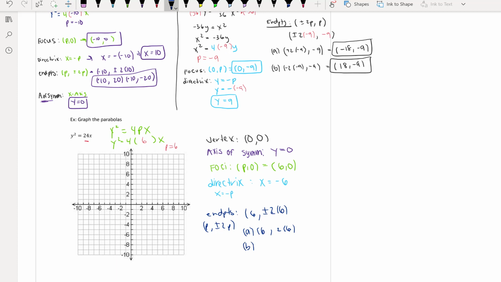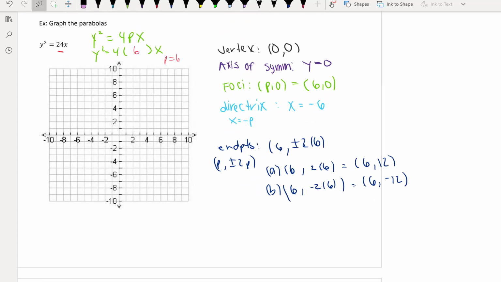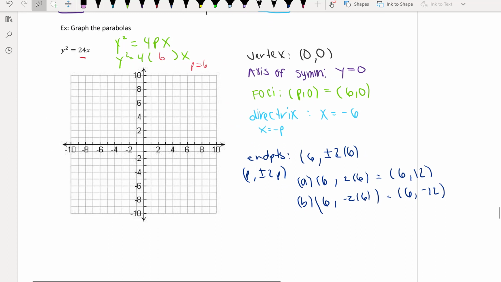And my part B would be 6, negative 2 times 6. So that's going to be 6 and 12, and 6 and negative 12. So this parabola is going to be slightly off the charts. And, well, that's okay. So now I have all the important information.